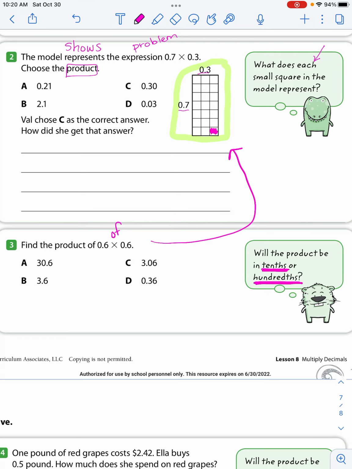Ooh, 6/10 of 6/10. Kind of reminds me about what happened up here. Will the product be in tenths or hundredths? You might be able to solve that problem without even doing any math and just using logical thinking. Of course, you can always check your work down below.